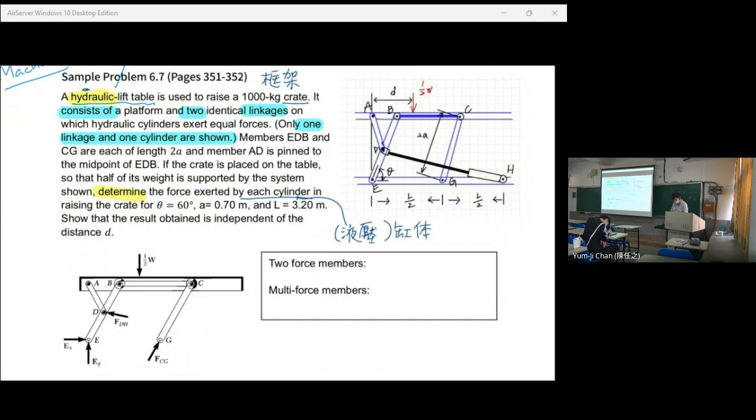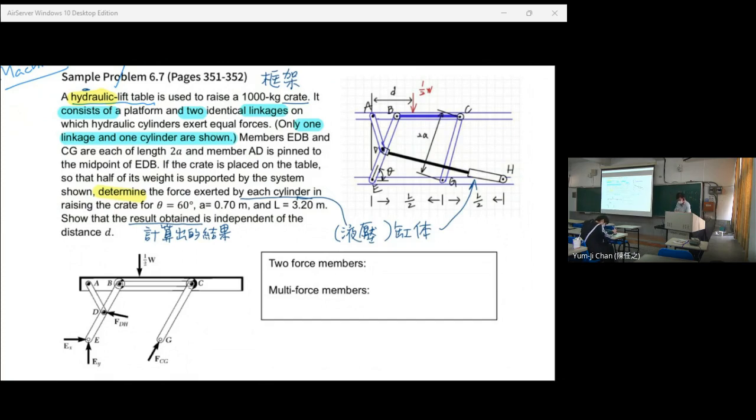For theta equal to 60 degrees, a equal to 0.7 meter, L equal to 3.2 meters, determine the force here, and show that the result obtained is independent of the distance d.